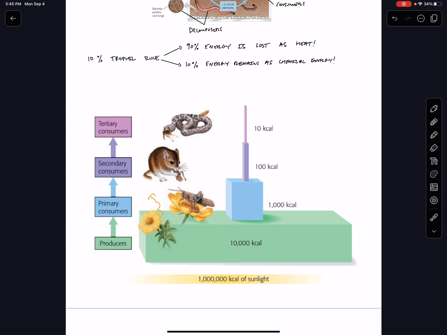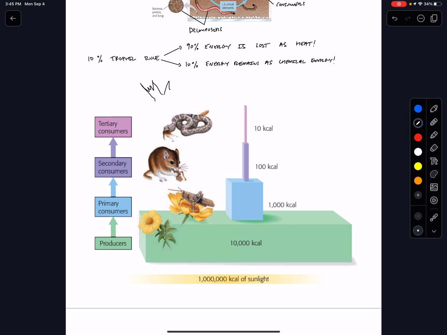Okay, so let me give you a little bit more context about what that means. Here we have a graphic. It represents a food pyramid or a food chain. You've probably seen this idea before of we have a producer, which is eaten by a primary consumer, which is then in turn eaten by a secondary consumer, which is then eaten in turn by a tertiary consumer, and maybe this snake is eaten by a hawk.